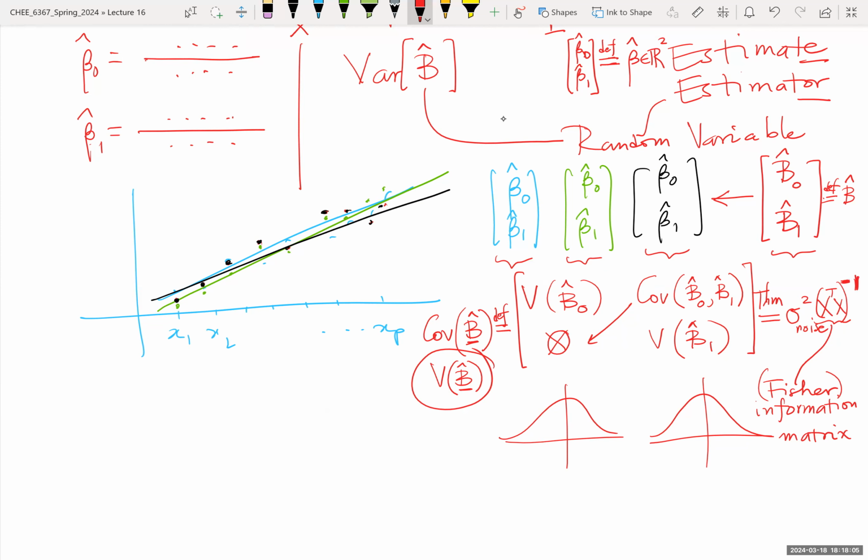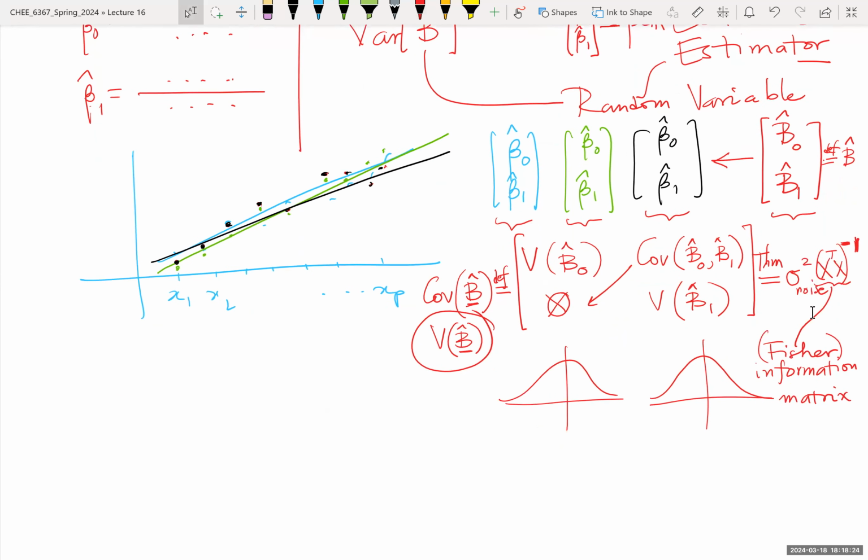And in fact, he even solved the reverse problem: how do I design experiments to make this information matrix large, so that its inverse can be small, and I can have estimates of the parameters with small errors? So this is one big theorem, if my model structure is correct. That's where this is coming from.